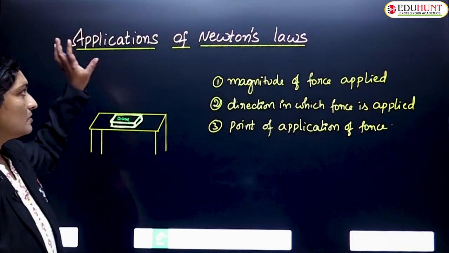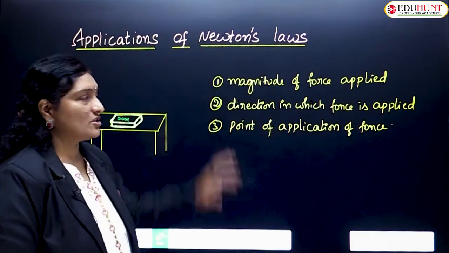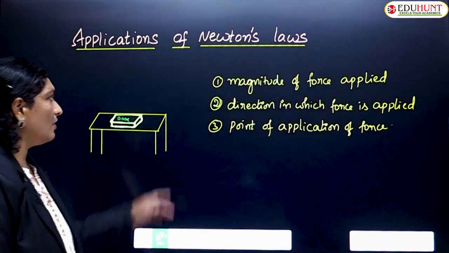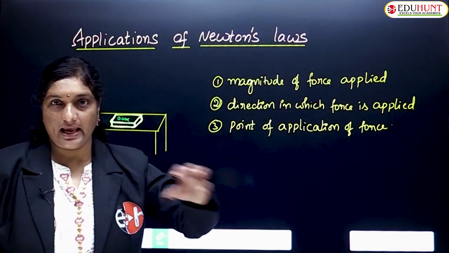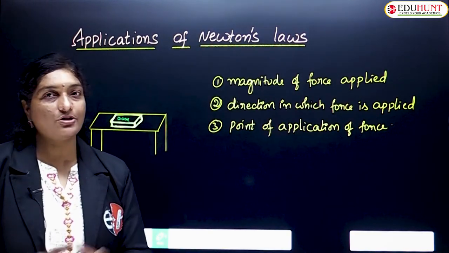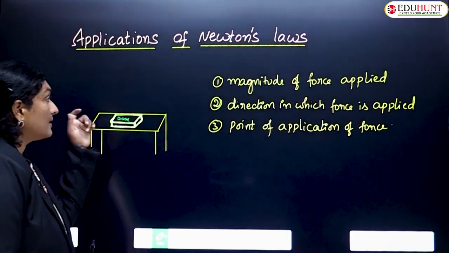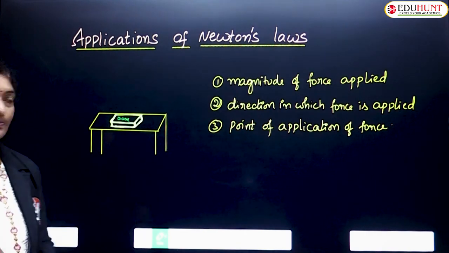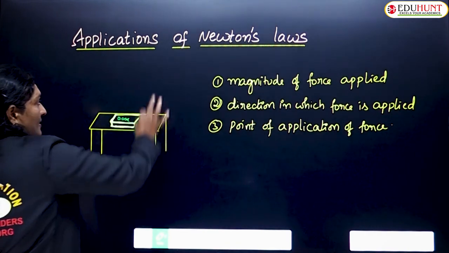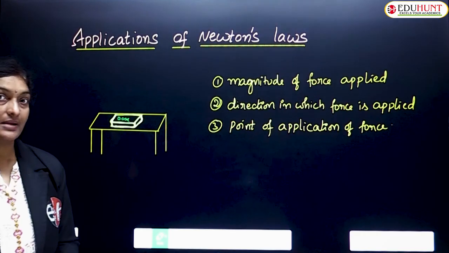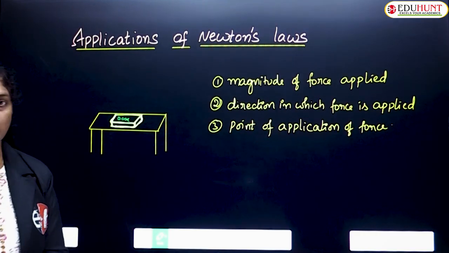So here, to understand the applications of Newton's laws, first of all, how much force is being applied, that is, the magnitude of force applied matters. Similarly, the direction in which the force is being applied, whether towards the right, left, upward or downward. So the direction of the application of force also matters.